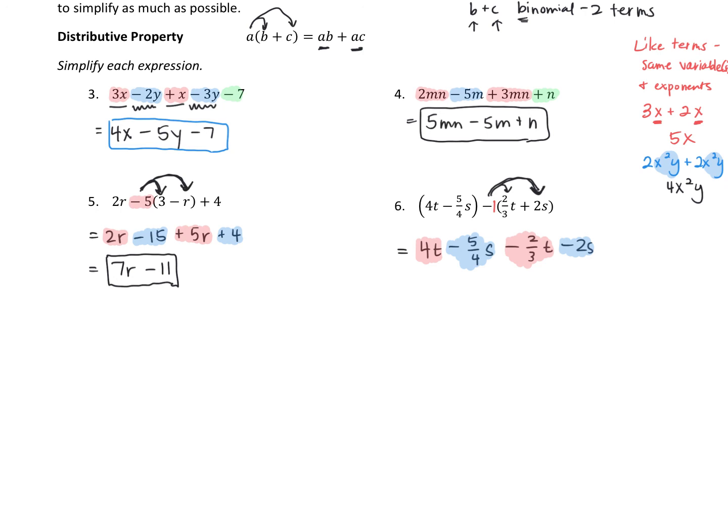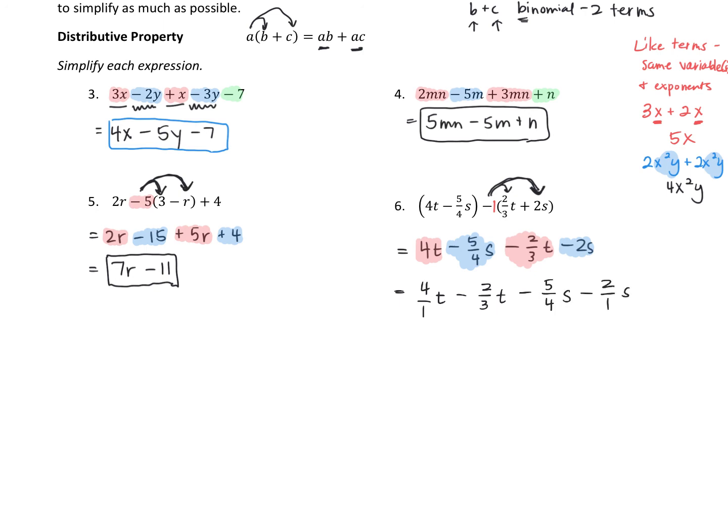Now, unfortunately here, I've got fractions, right? But I know how to deal with fractions. I can take a whole number, this 4, and put it over a 1. So it'll be 4/1t minus 2/3t. So that's my red part, my t's. And then I have minus 5/4s minus 2/1s.